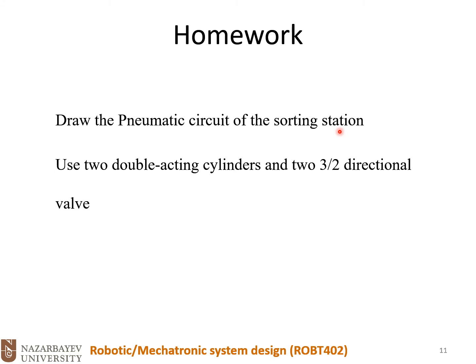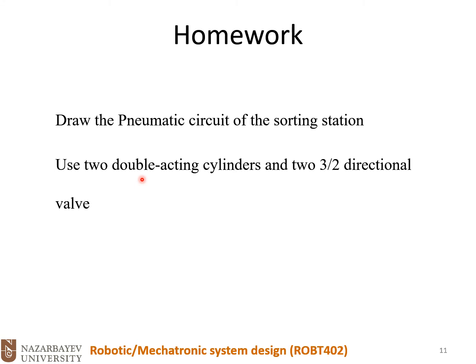Use two double acting cylinders and two 3x2 directional valves. So we had two double acting cylinders to basically guide parts to the first and the second slide.